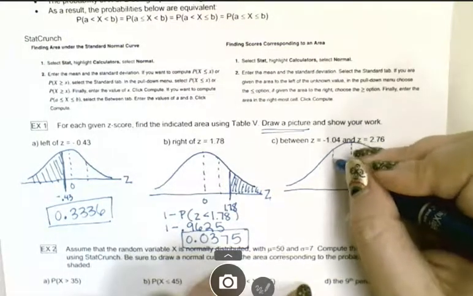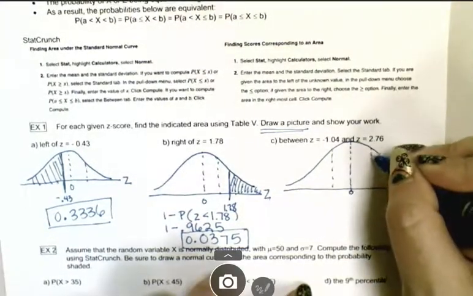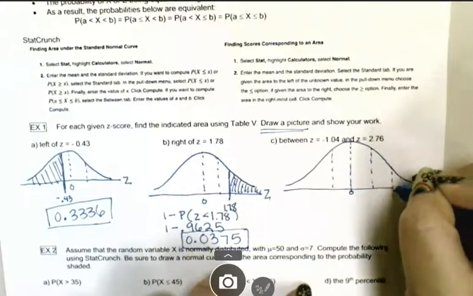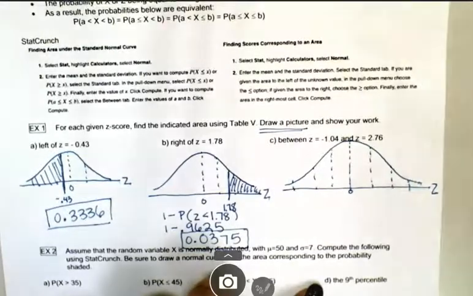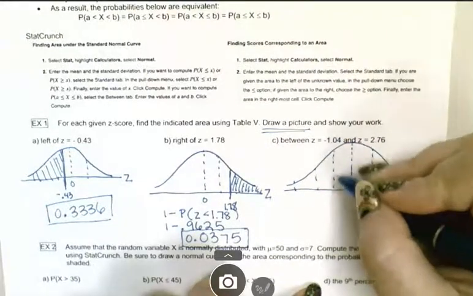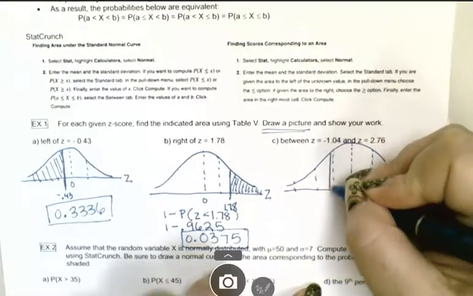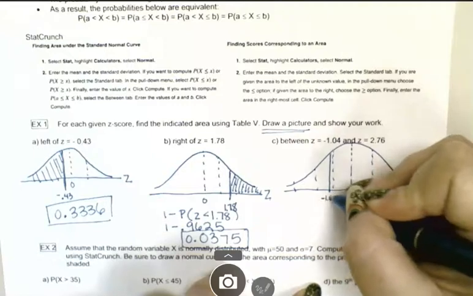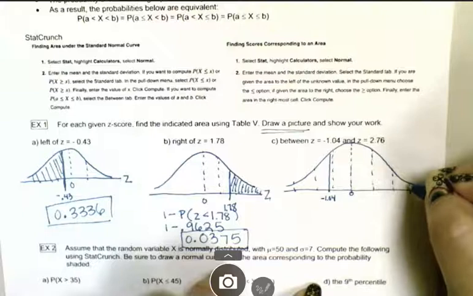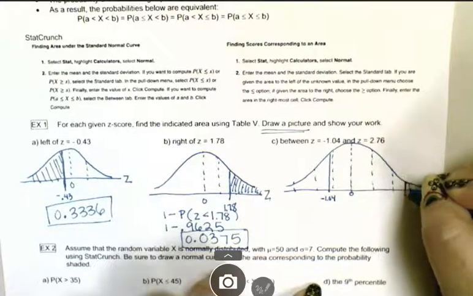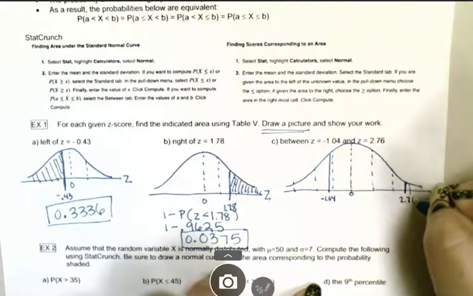And I know this is where -1 would be, this is where 1 would be, 2, 3, so on and so forth. So -1.04 would be just barely beyond that first standard deviation. 2.76 is almost to 3, so here's 2.76.